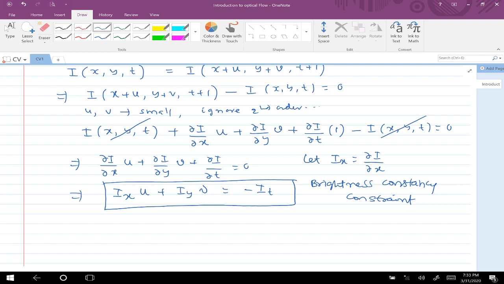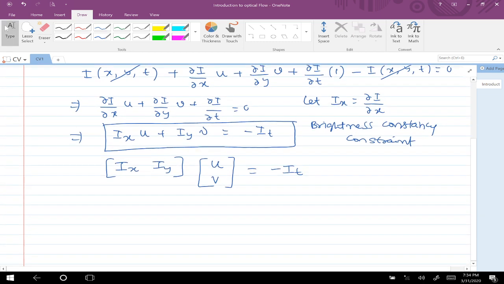You could in fact write it in vector form as well if you want. For example, I could write it as [I_x I_y] multiplied with [u v] would give me minus I_t.